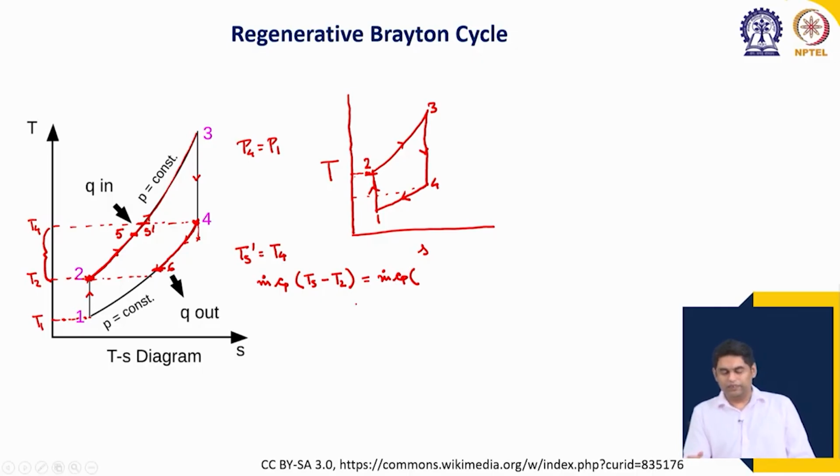For real cycles, later we will analyze, we cannot use the same Cp values because Cp for combustion products will be different, also the temperature is different, we will take a different value of Cp, and we will also consider a different value of mass flow rate due to the addition of mass because of fuel addition. Okay. So, anyway at this point these m dot Cp are same. Okay. This is the general energy balance for a regenerator.